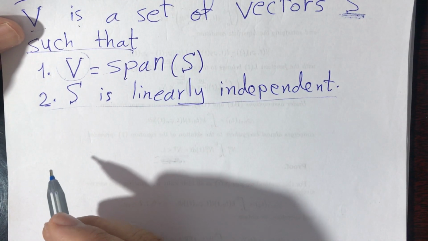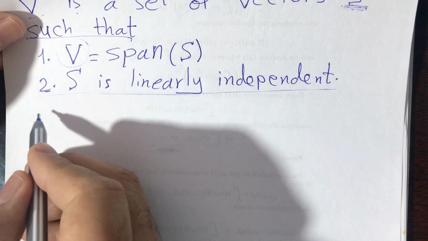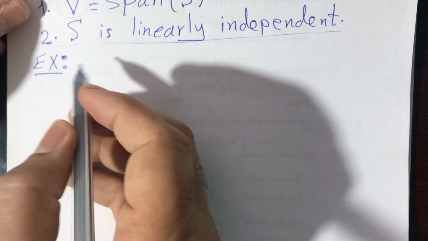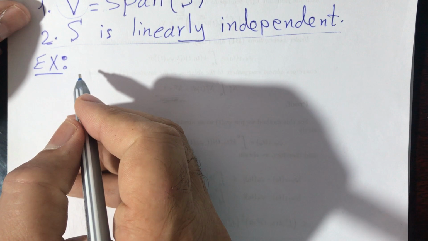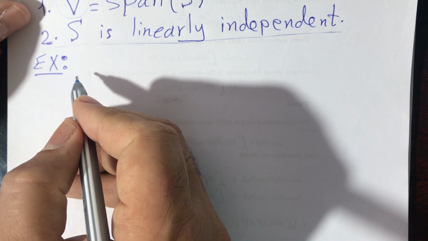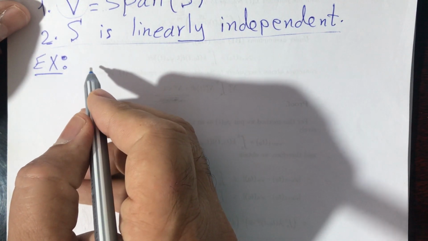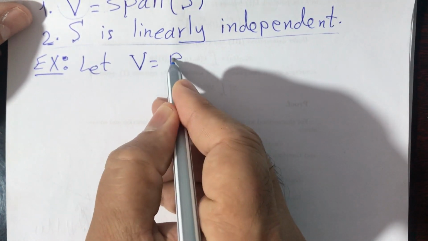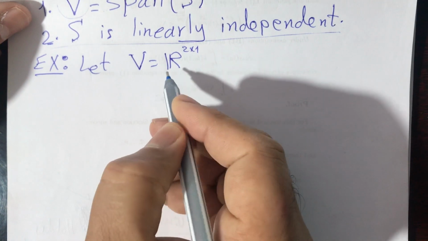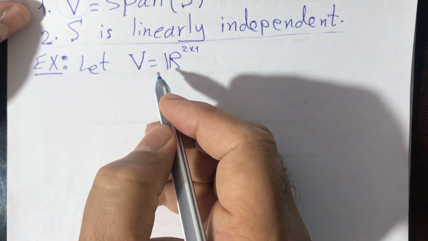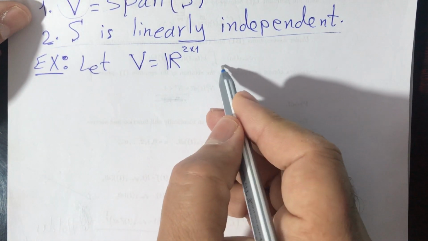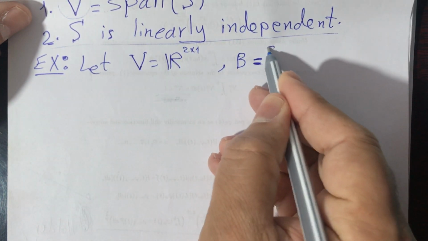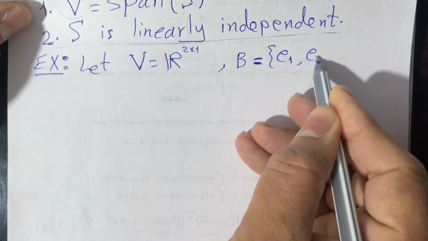Now, example. Let V be equal to R2 times 1, and B is equal to E1, E2.